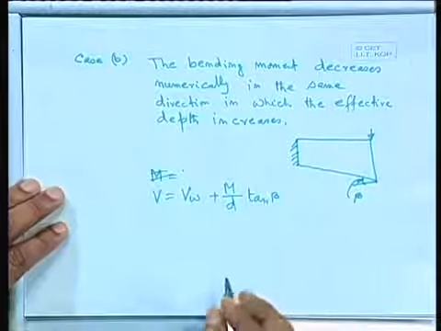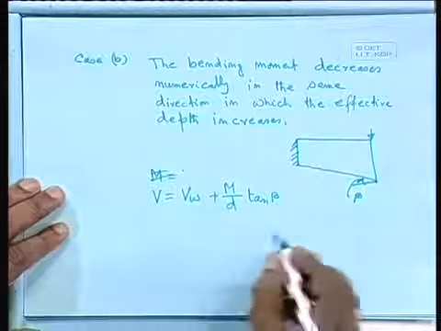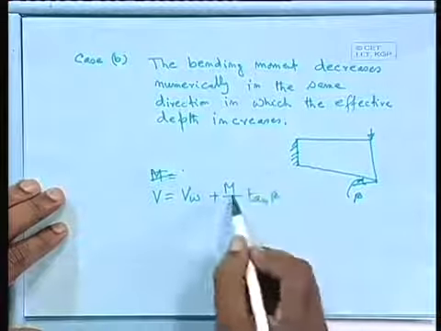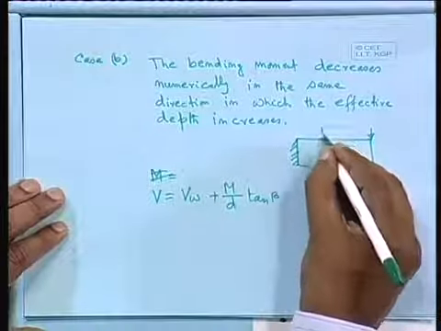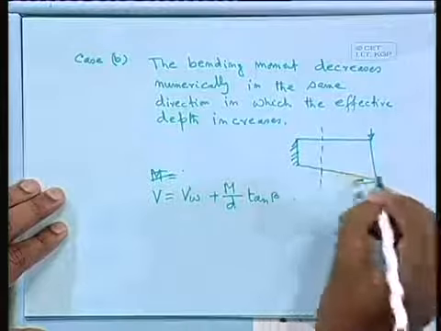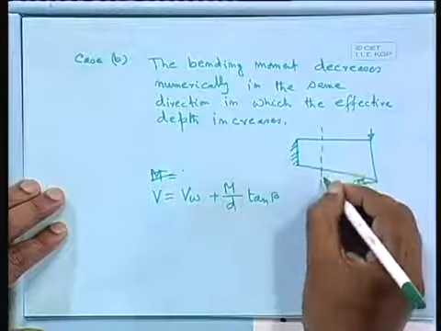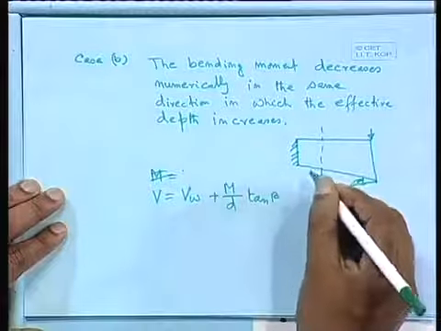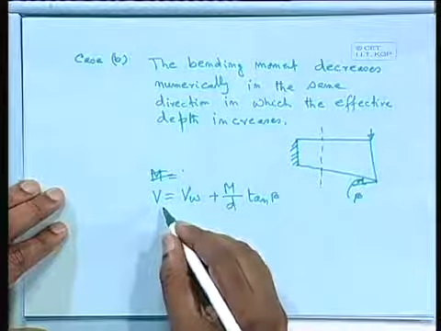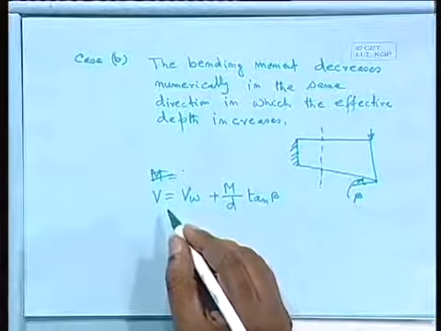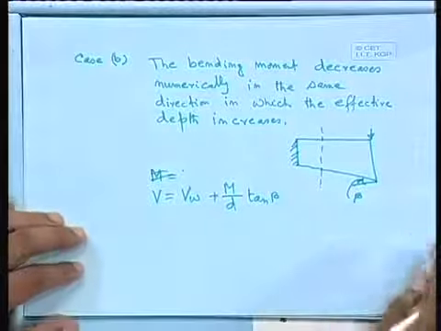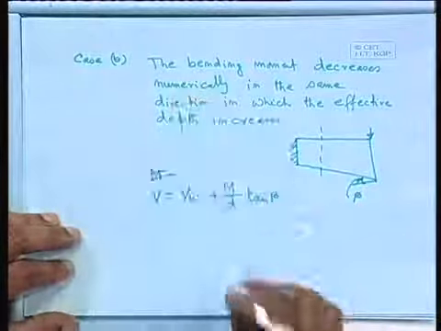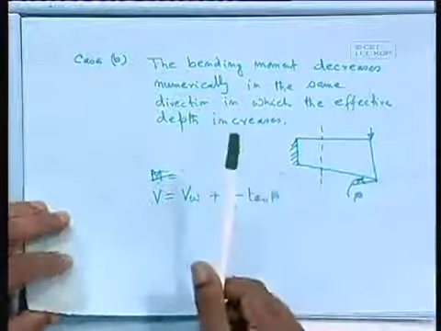This is the case B. So we can find out M at this section. We are interested to find out the value of M. We know the effective depth and we also know the V_W. So we can find out the corresponding V. So these are the two; that means we have to compute that V depending on the varying depth.